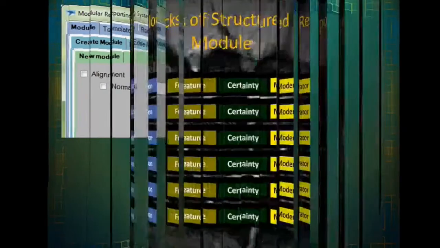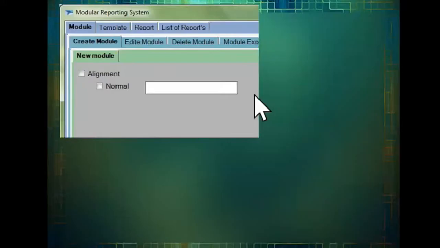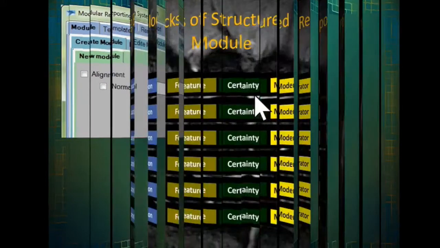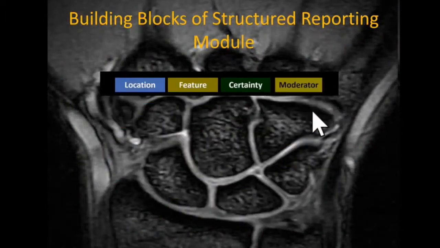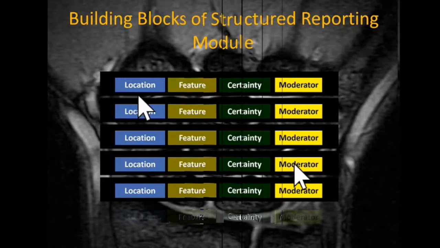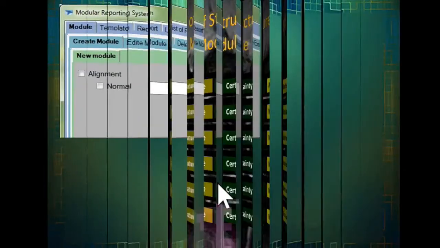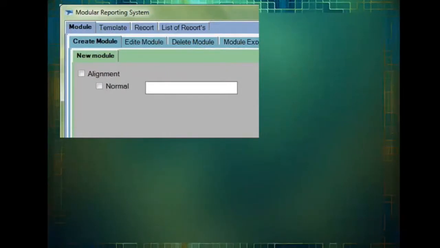Let me give you an example of one of the modular structured reporting projects that we have been developing in Tehran. In this system, it is possible for the user to create a module firstly. You can see here the module can, for example, be dedicated for description of the alignment, and the user can define how the alignment should be described.